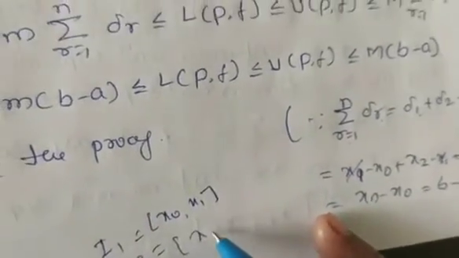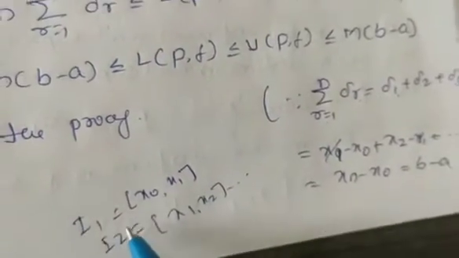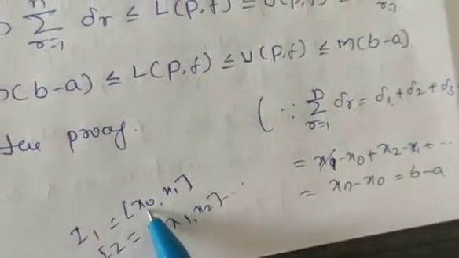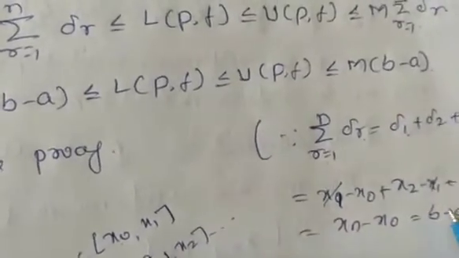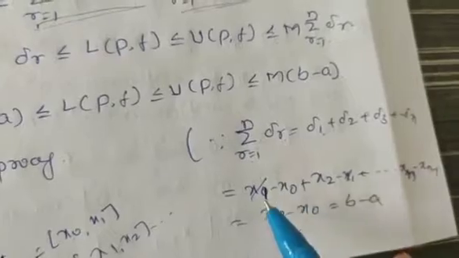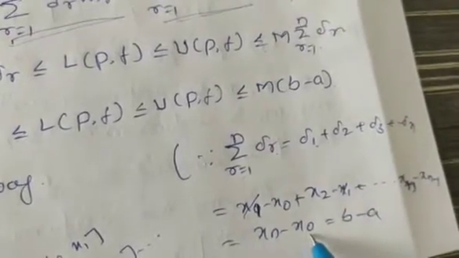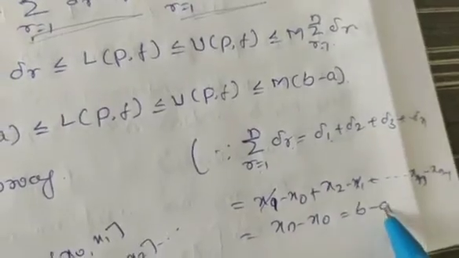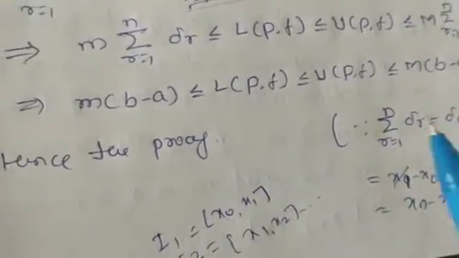I2 is [x1, x2], etc. So delta 1 is x1 minus x0, delta 2 is x2 minus x1, etc. All the terms get cancelled, only xn and x0 remain. Xn minus x0, where xn is b and x0 is a. So the sum of delta r is b minus a.